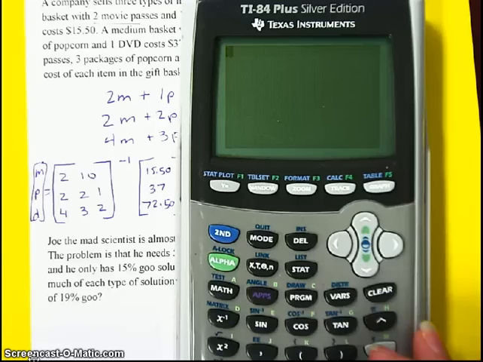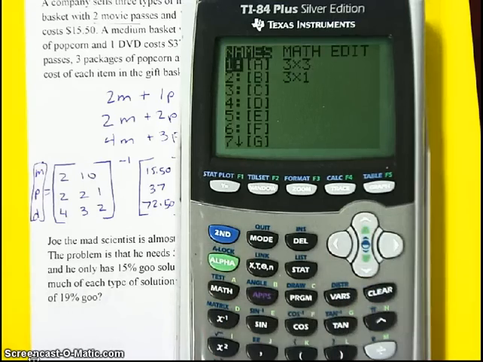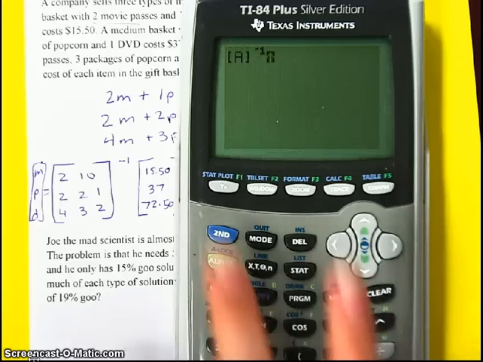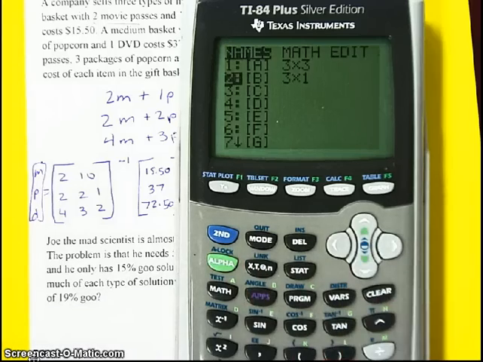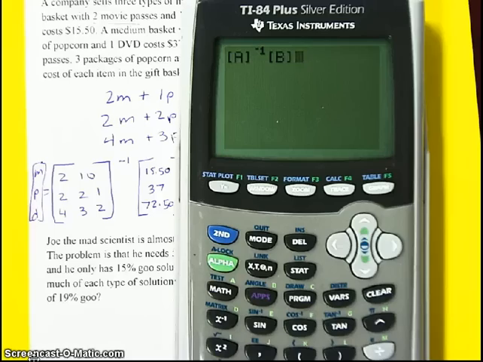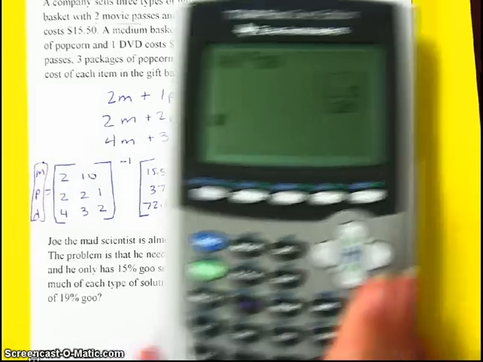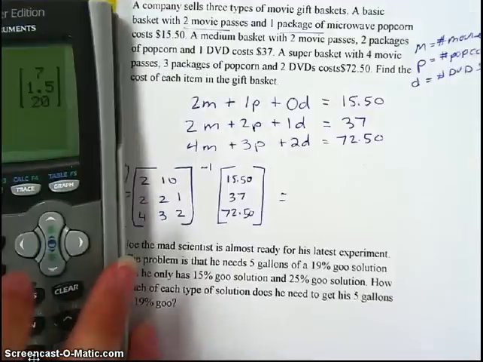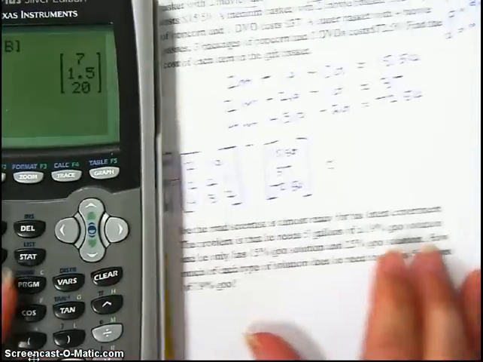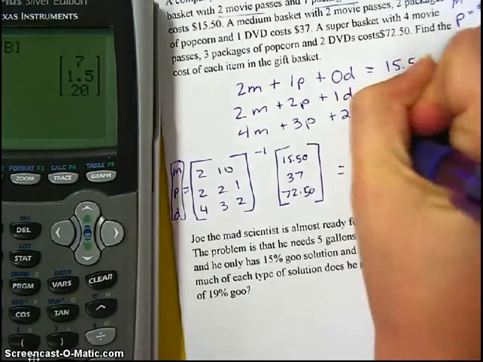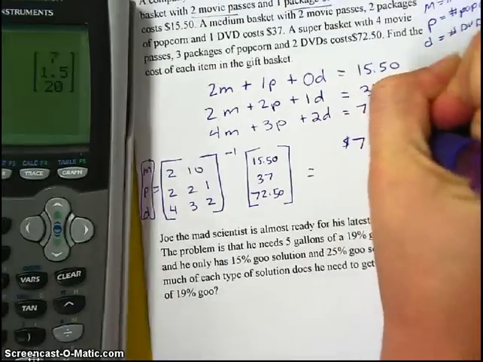Now we need to do A inverse B. So we'll do second matrix, hit enter to get matrix A, inverse, second matrix, go down and get B. So there's my A inverse B. When I hit enter, it shows me 7, 1.5, and 20. So that's telling me the cost of each item, because we know that that's M, P, and D. So we know that it's $7 per movie pass.